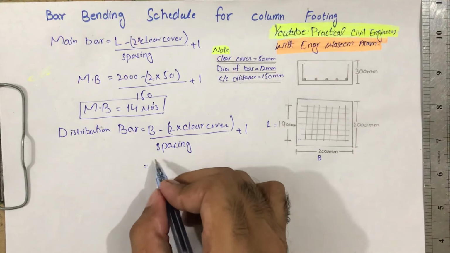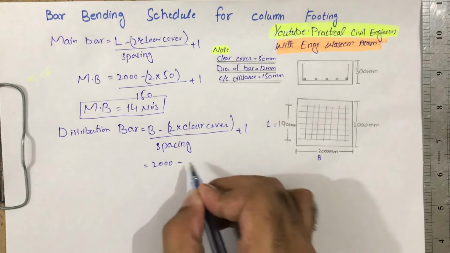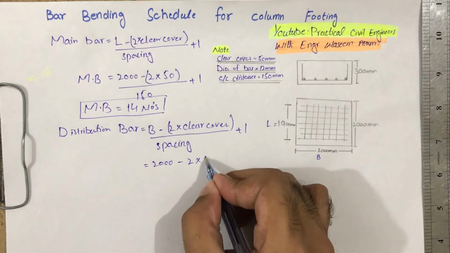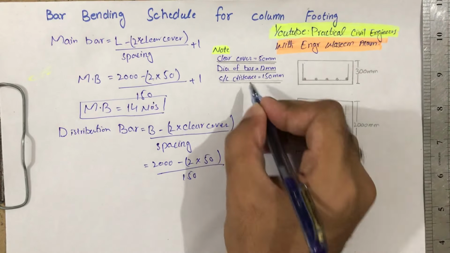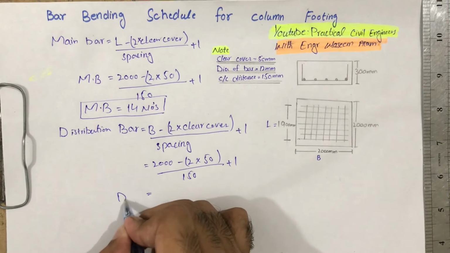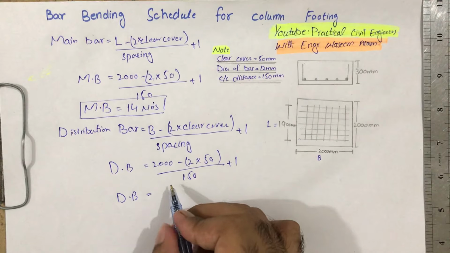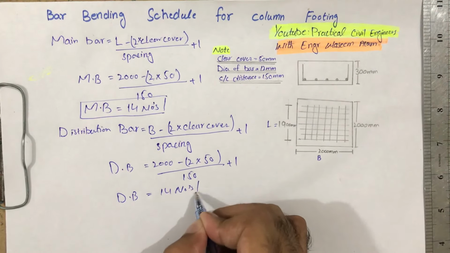So B is also 2000. So 2000 minus 2 into clear cover, 2 multiply 50, divided by 150, which is center to center distance, plus 1. Distribution bars will give us also 14 numbers.